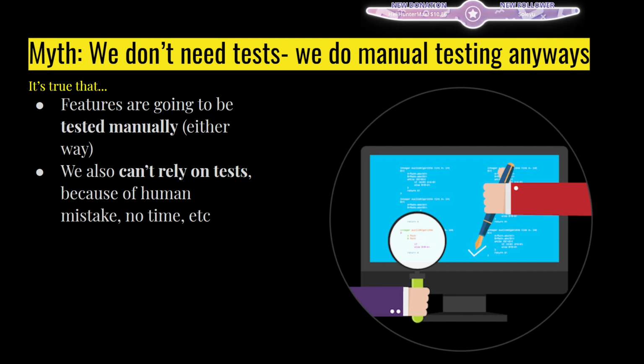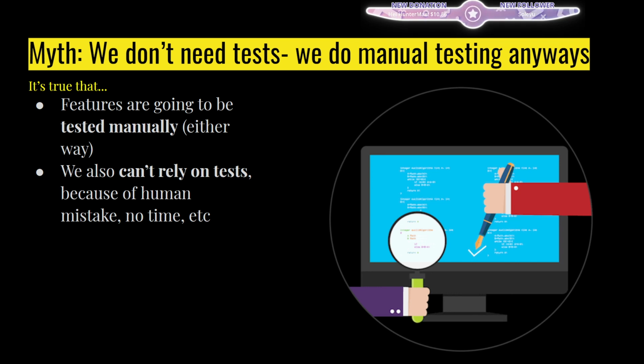So another myth: why do we need tests if we test it manually anyway? A tester in normal big projects is a must. There is a tester, there is a QA person, and it basically has to pass certain layers before it goes into the next environments, into pre-prod, and so on, into production.